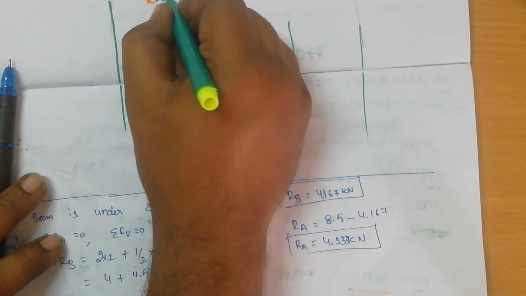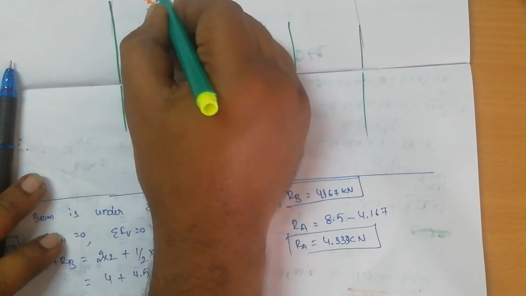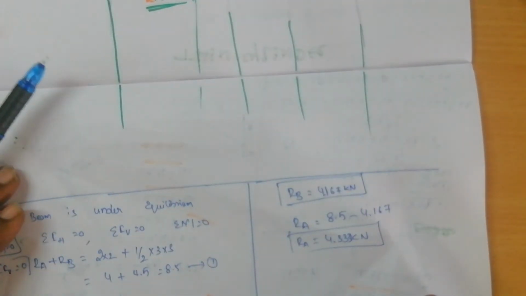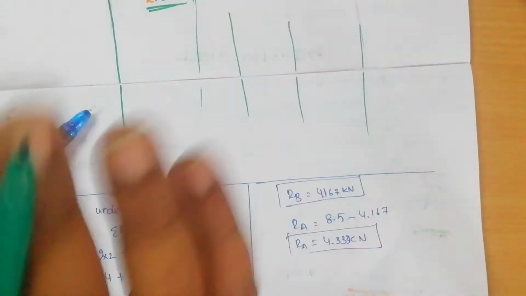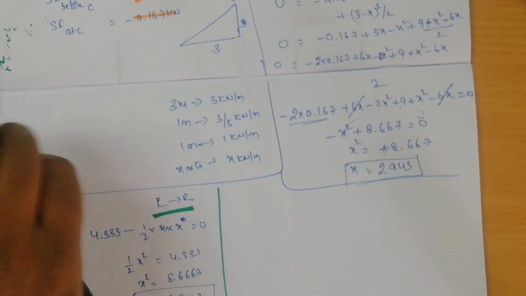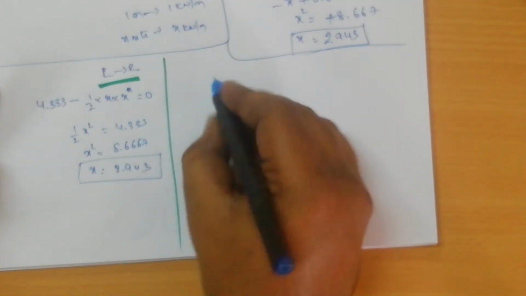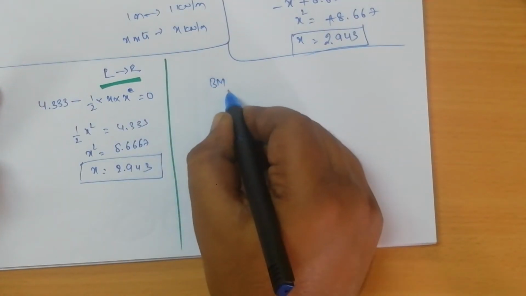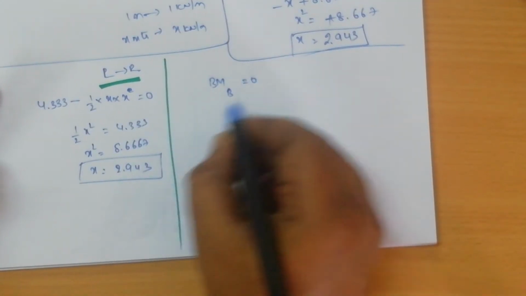So I will mark that value, x is equal to 2.943 meters. Okay, clear. Now let us solve for bending moment. Bending moment at point B is equal to 0.